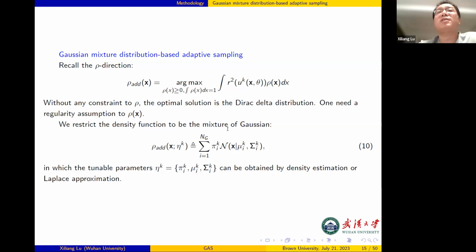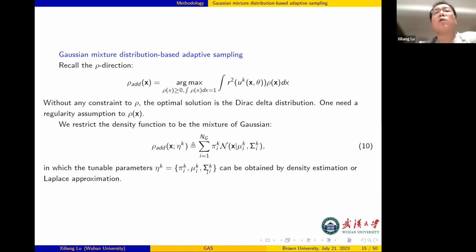First, a Gaussian mixture can approximate any distribution well. Also, Gaussian mixtures are something we can handle very efficiently. So we assume rho is in the class of mixtures of n Gaussians, and at each iteration step we just need to determine the pi, mu and sigma.